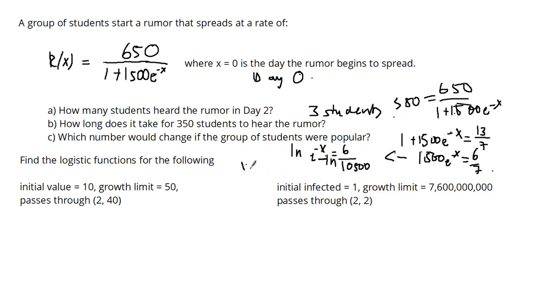You'll have x is equal to negative the natural log of 6 over 10,500. You can simplify this to 1 over 1,750. That is minus 7.46, and it's minus, so it'll be 7.46 days, right?